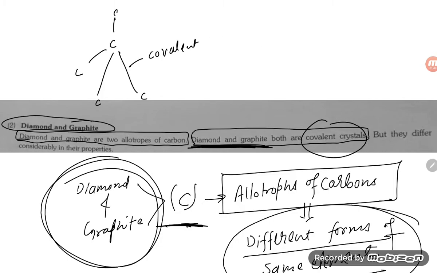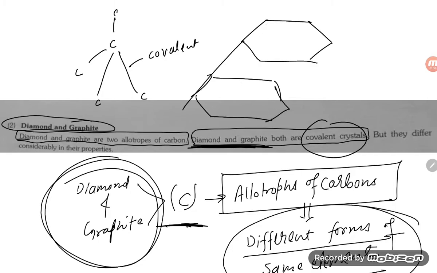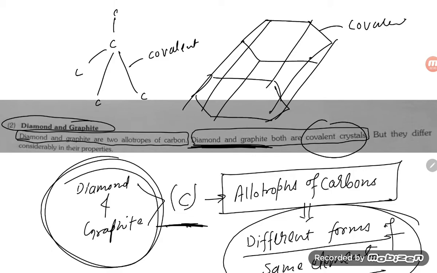And in graphite, dear students, the bond is also covalent. So they form covalent crystals, but they differ considerably in their properties. I am not talking about the chemical properties, I am talking about the physical properties, which will differ.